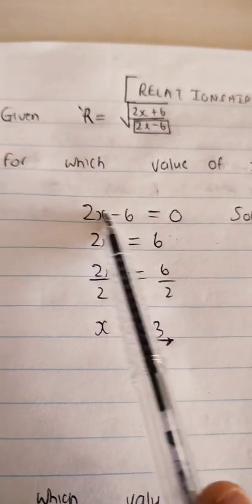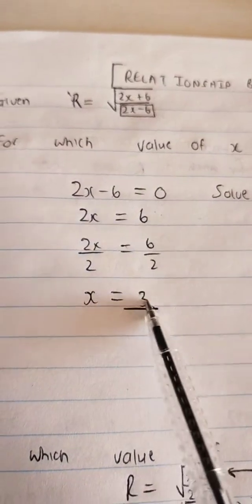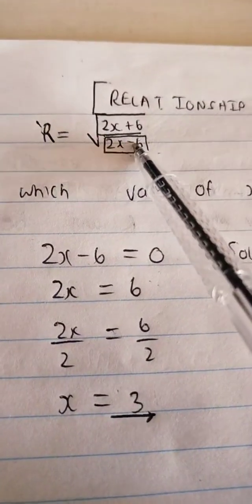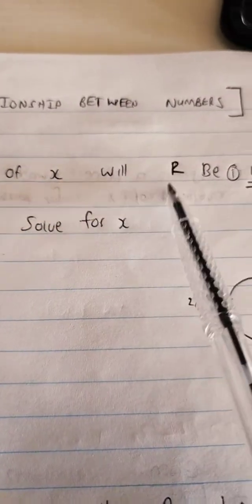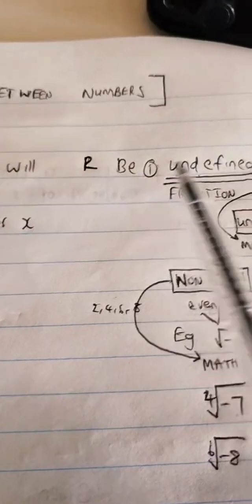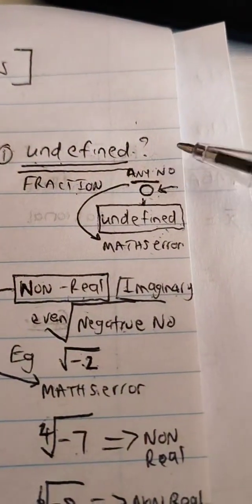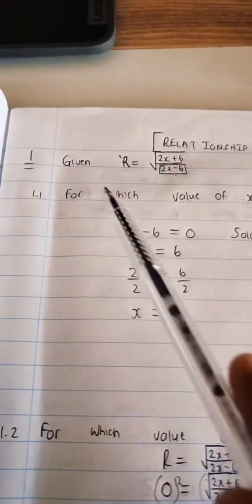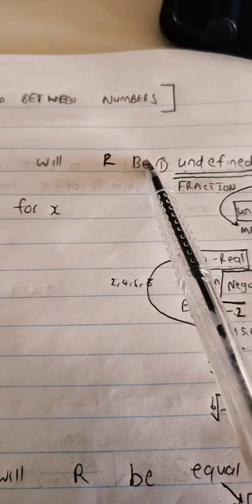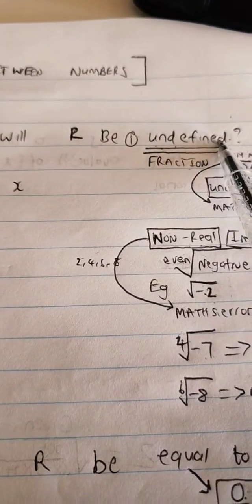We equated it to 0 so that we could find the value of x that will make the denominator 0, so that we can find the value of x which will lead to r being undefined, because we know that being undefined means any number divided by 0. This was the concept behind undefined.